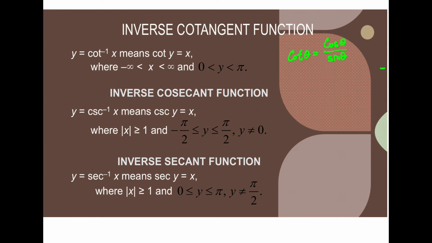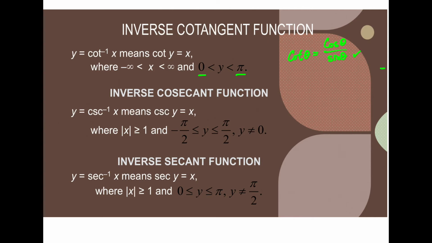And so with that graph, we're restricted wherever sine of an angle is 0. Sine of an angle is 0 at 0 and pi. And so that becomes part of my range and domain restrictions of the original cotangent function.